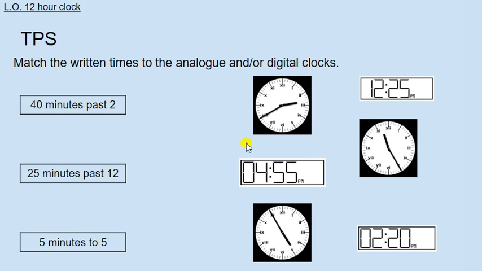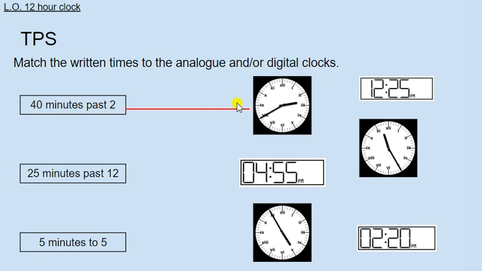So if I'm looking at this one, I'm going to go through and look, oh right, it's gone 1, 2, so the hours, it's gone past 2, and I can see quite far round, it's gone 5, 10, 15, 20, 25, 30, 35, 40, it's 40 minutes past 2, which is actually quite nice, because I can see that one right there, 40 minutes past 2.